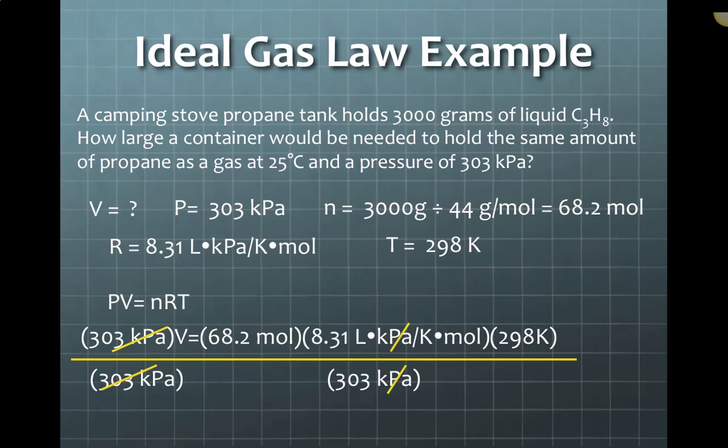Obviously the kilopascals are going to cancel, but you also are going to be canceling your moles, and you're going to be canceling your Kelvin, which leaves a unit of liters, which is a volume. So once I do the calculation, I will get a volume of 557 liters.